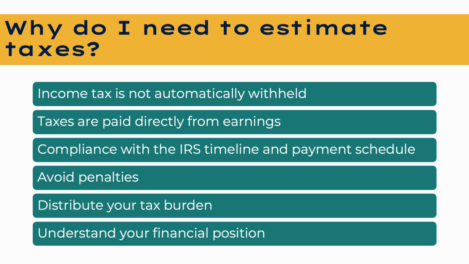Without estimated taxes, you might not have paid any taxes on this income until the following April, while you'll be responsible for the tax bill for the entire year and face potential penalties for late payment. Estimating your taxes and making regular payments helps you distribute the tax burden and more accurately understand your personal financial position throughout the year.